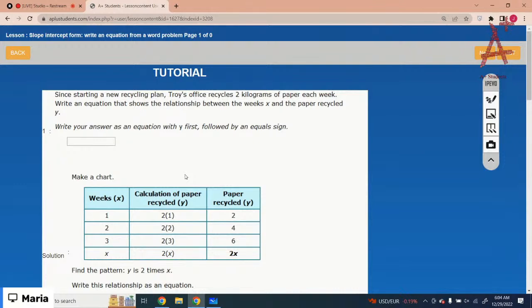Got it? For week one, it would be 2 times 1. For week two, it would be 2 times 2. For week three, it would be 2 times 3. And if we have x weeks, then it would be 2x. So the pattern is y equals 2x. Got it? The equation is y equals 2x. Let's just start with the test and let's do the practice questions.